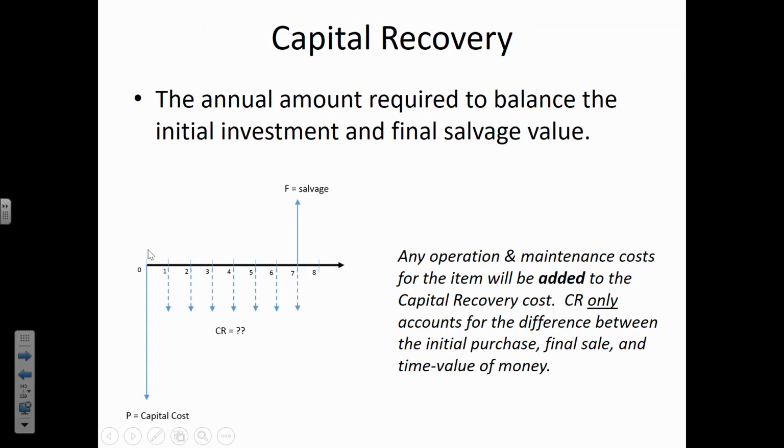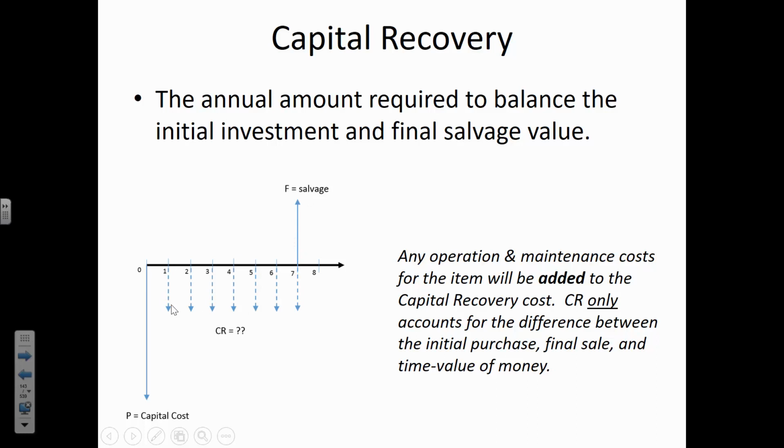Some items, though, we do salvage at the end of their useful life, and so we may see a cash flow diagram that looks like this, where in time 0, you're spending a certain amount to purchase or build the investment, and then at the end of its useful life, you sell it, and so you have an inflow in that last year.